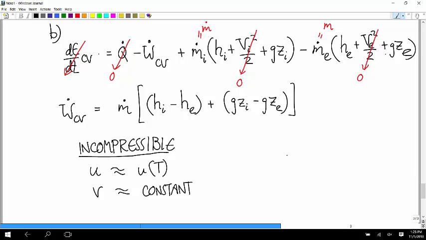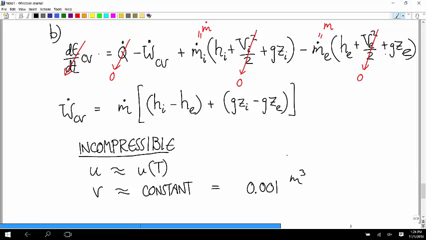Okay, so that's really what incompressible means, that the density doesn't change. So we need to come up with a constant value for that. It does vary a little bit with the temperature, but the density of liquid water in SI units is always right around 1,000 kilograms per meter cubed. So the specific volume is always around 0.001. If we had a temperature, we could look it up in a saturation table.